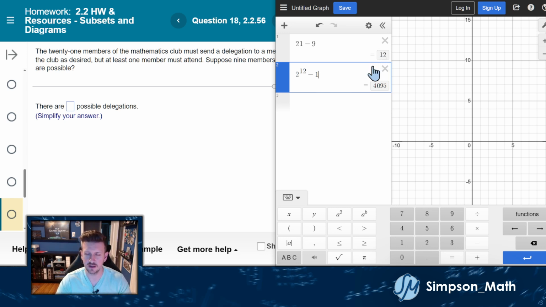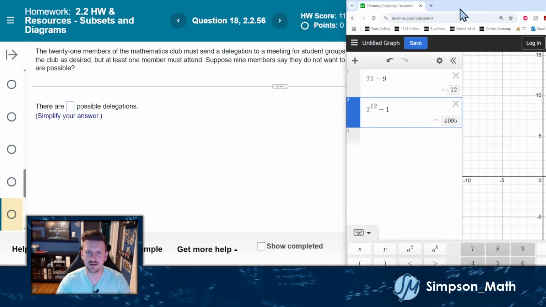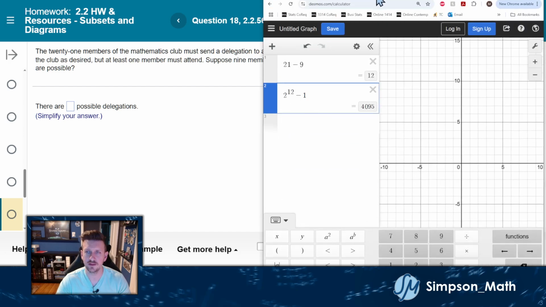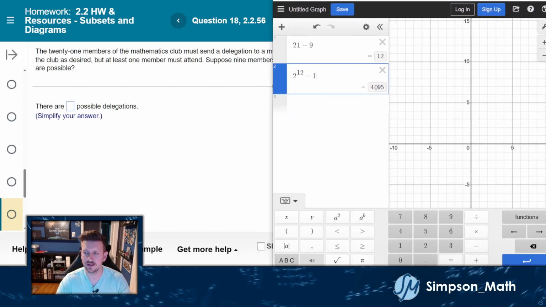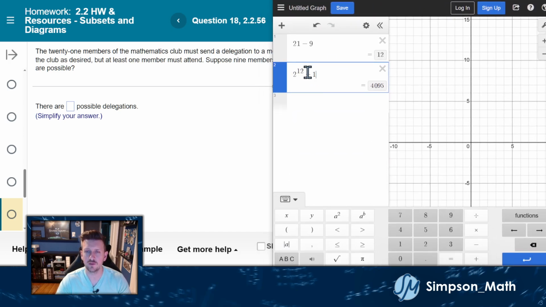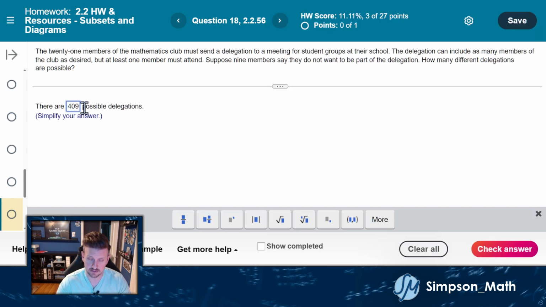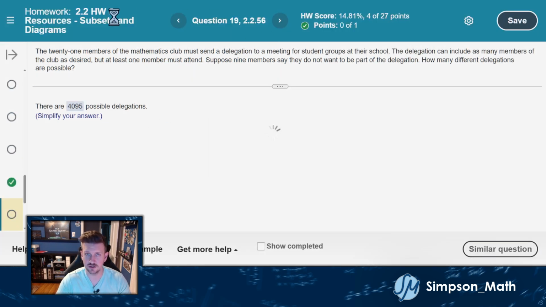How many different ways could we send people to the meeting? If we were allowed to send nobody, there'd be 4,096. But ignoring the one way that would be sending nobody means subtracting 1. We get 4,095. Good job, us.